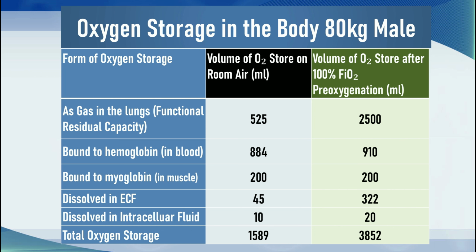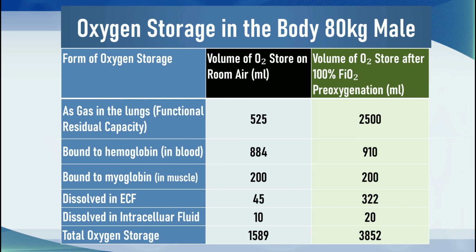And so we have oxygen as gas in the lungs. That's functional residual capacity. That's the amount of air that's in the lungs at the end of a normal tidal volume. The oxygen that's bound to hemoglobin, although not all of that is available. The oxygen that's bound to myoglobin, dissolved in extracellular fluid, dissolved in interstitial space, and the total oxygen storage.